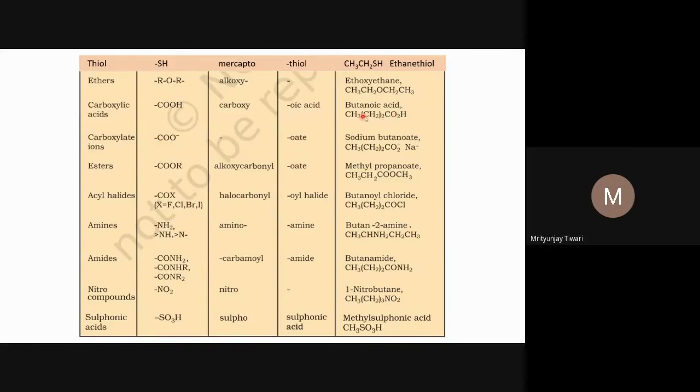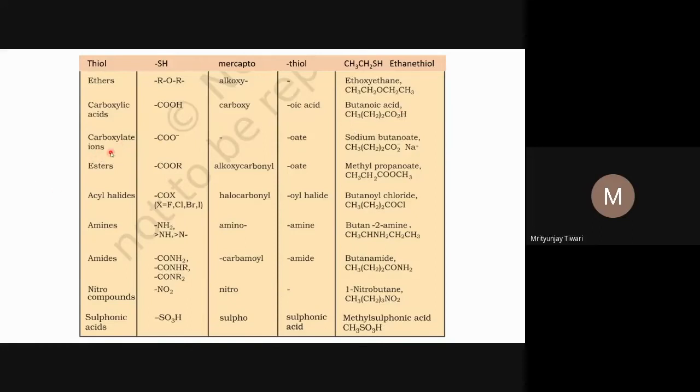In that case the numbering starts this way, not from the carboxyl carbon: 1, 2, 3. So this becomes propane, and you have to show the position, propane-1-carboxylic acid, because this COOH group can be attached to the second carbon atom as well. Anyway, the mostly followed IUPAC name is butanoic acid.